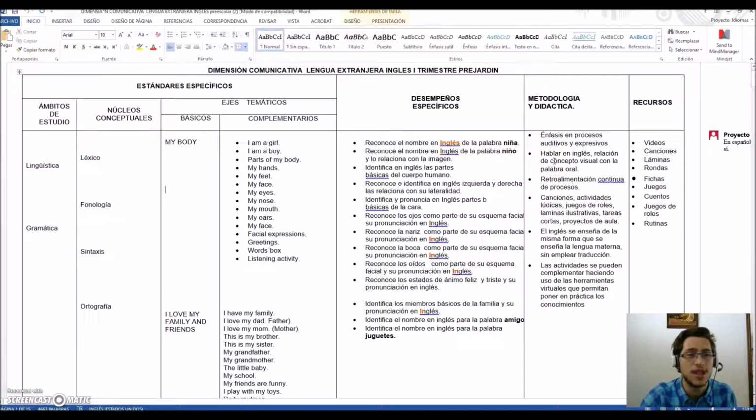However, the step further that we are thinking about taking with you is that we actually see the 4Cs in the plan. What does it mean? Let's remember what the 4Cs are: communication, content, cognition, and culture. The idea is that in the syllabus, in the plans, we actually see the 4Cs.